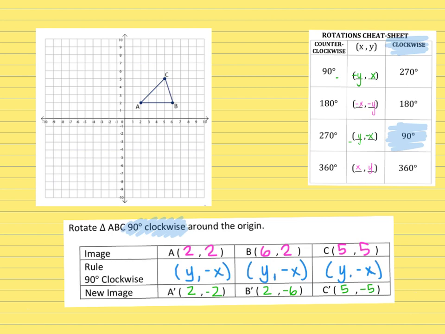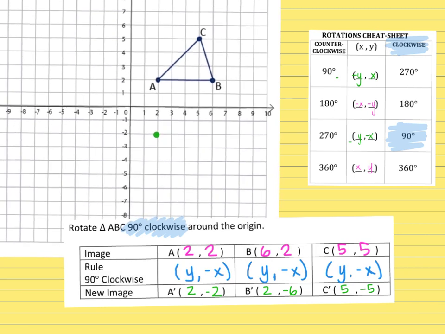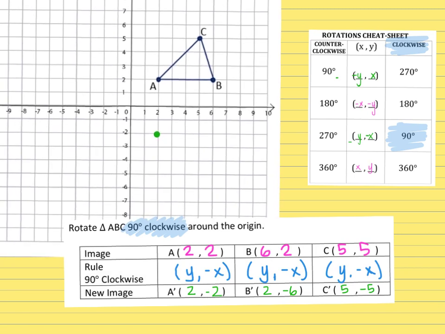Okay, point A should now be 2, -2. Point B should be 2, -6. Have to move that up a little bit. And then point C should be 5, -5.